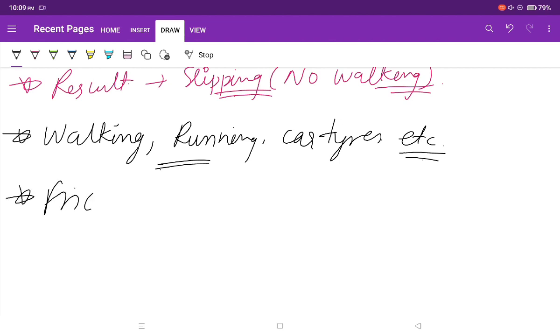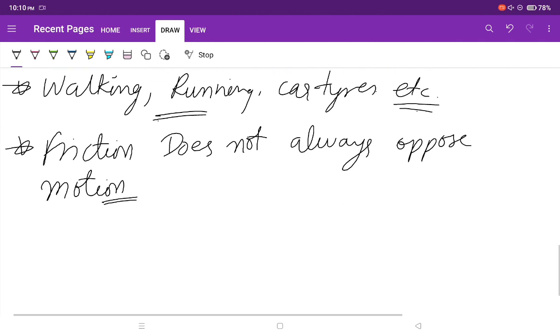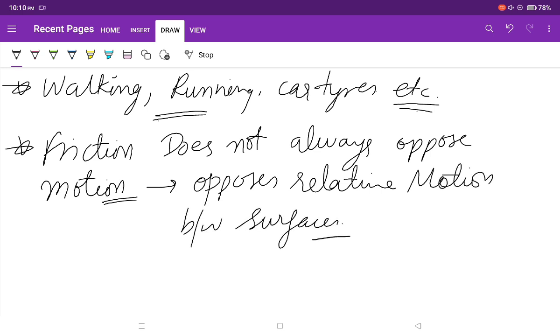Friction does not always oppose motion, but what it does is oppose relative motion between surfaces, right?